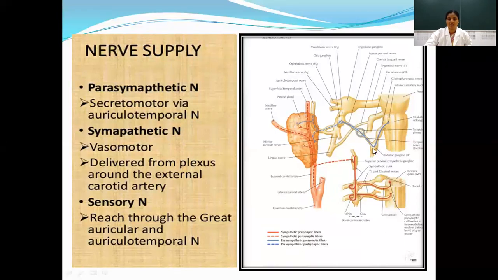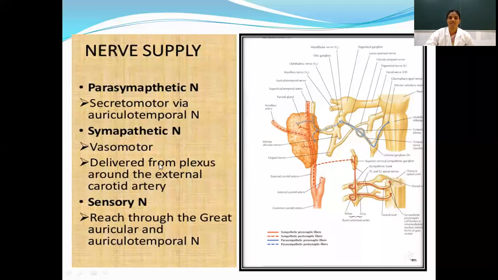From here, the fibers extend through the glossopharyngeal nerve and its tympanic branch. This tympanic branch forms the tympanic plexus, and from the tympanic plexus a branch extends. What is that? The lesser petrosal nerve, and this lesser petrosal nerve terminates in the otic ganglion. From the otic ganglion, the postganglionic fibers pass through the auriculotemporal nerve, which supplies the parotid gland.